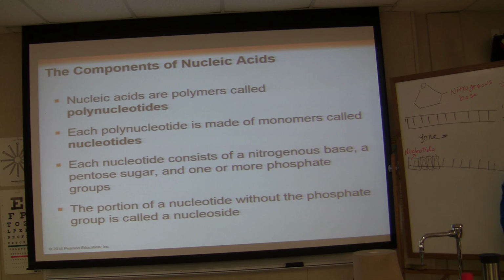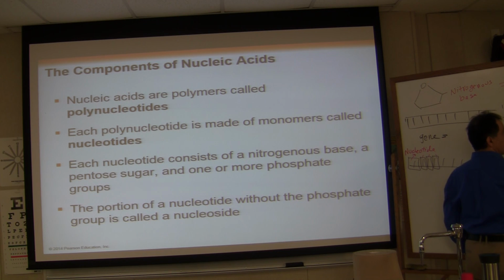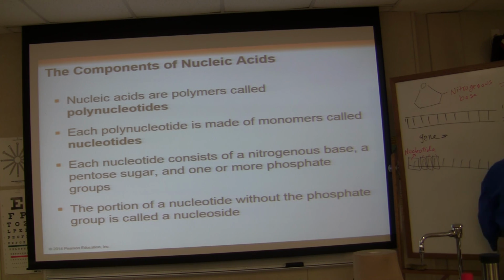Does it make sense? If you have a pentose sugar, then you have a nitrogenous base. Can I draw it? NB, nitrogenous base, and then you have a phosphate. Then this is called a nucleotide.